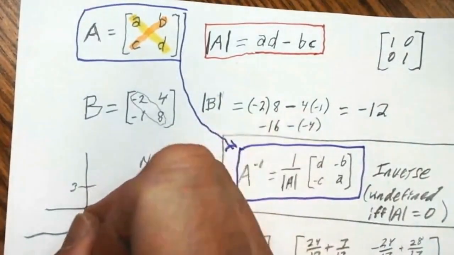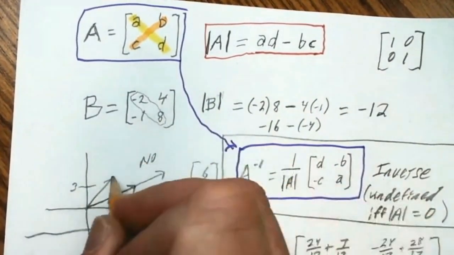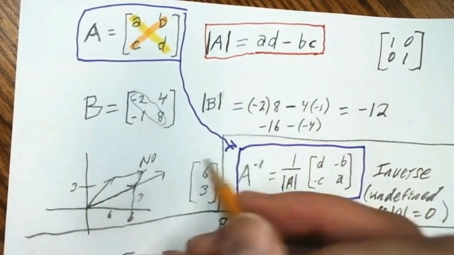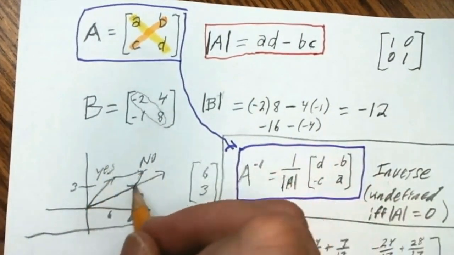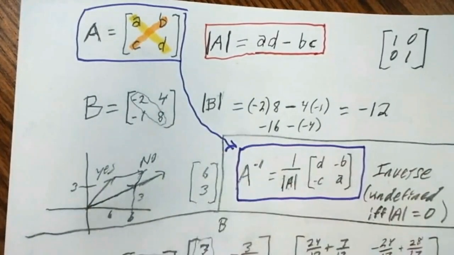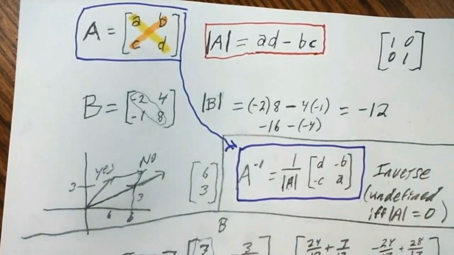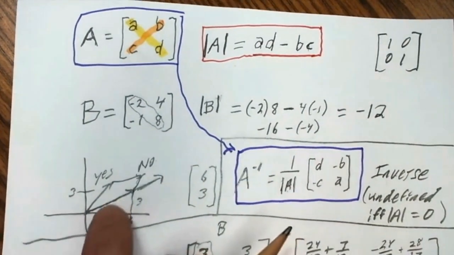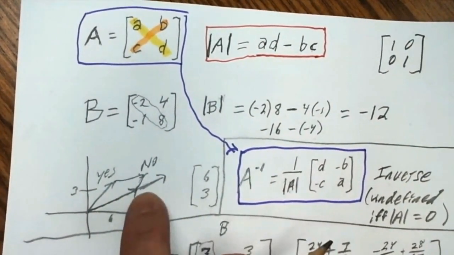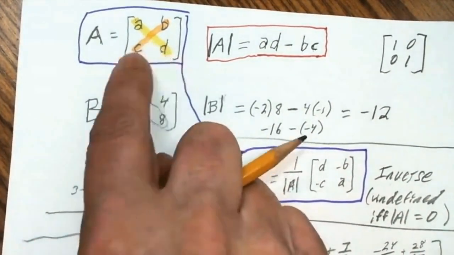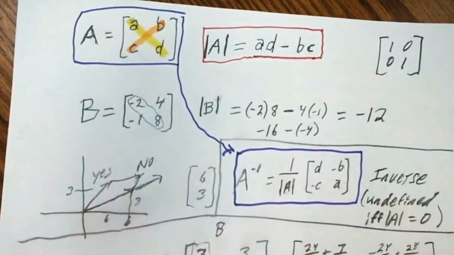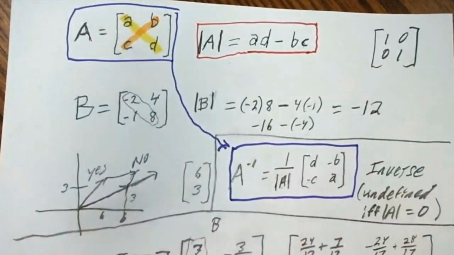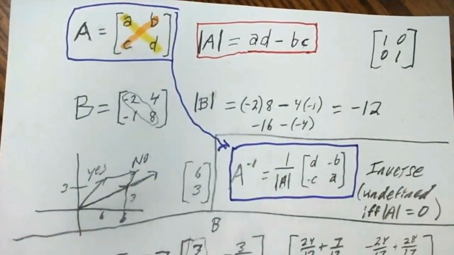But if it's graphed where you have two different lines or more, maybe four different lines, then it does have an inverse, but not when it's the same line. And we haven't really studied vectors, so I don't want to get too deep into that and lose you, but that's the main point. If it's the same slope, no inverse.